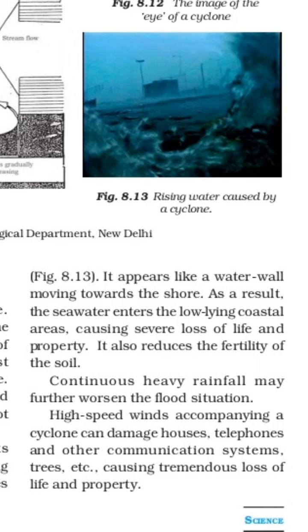As a result, sea water enters the low-lying coastal areas, causing severe loss of life and property. It also reduces the fertility of the soil. When this seawater enters the low-lying coastal areas, it causes severe loss of life and property. Livestock also, many animals also died in these natural disasters.